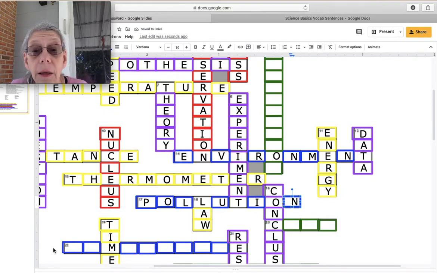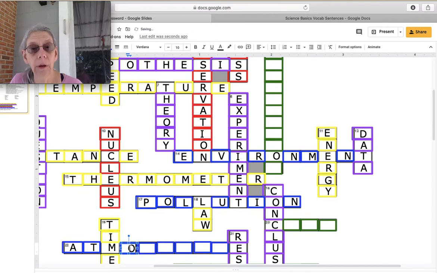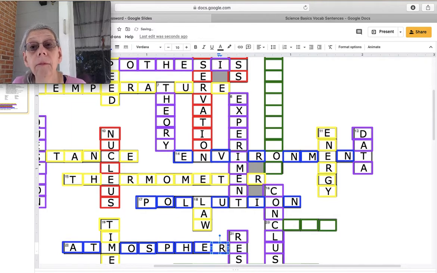And this one here, 22 across, the layer of the earth made of gases. It's the atmosphere. Source of all the weather. All right.